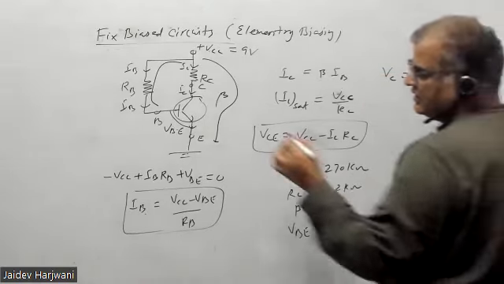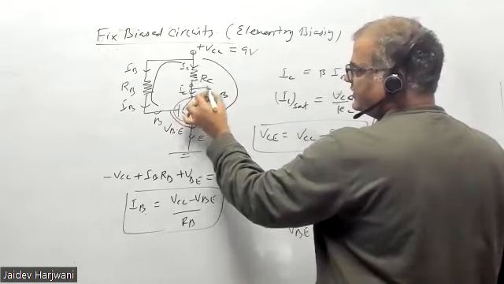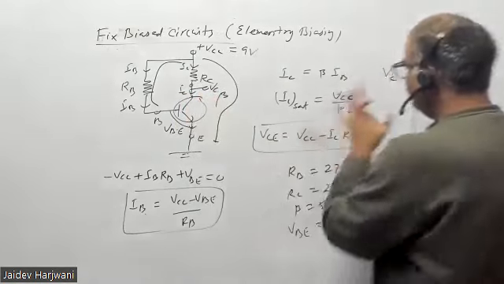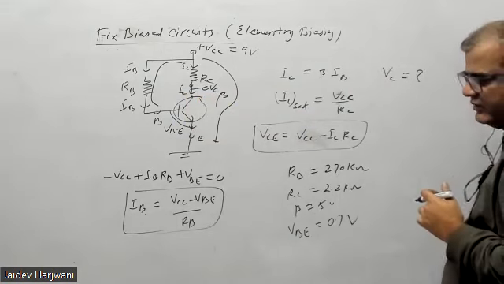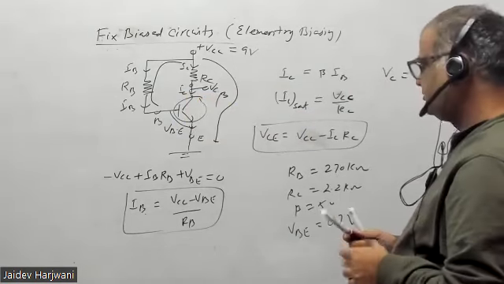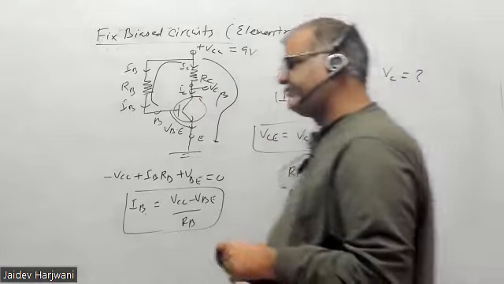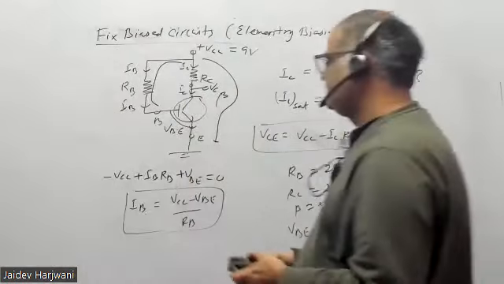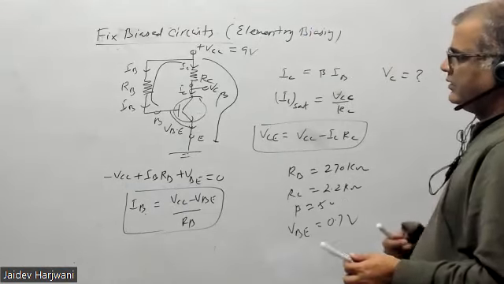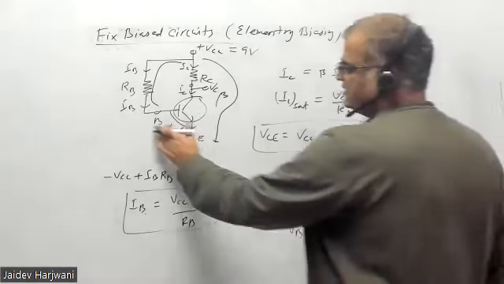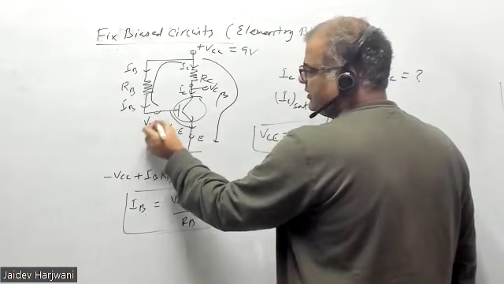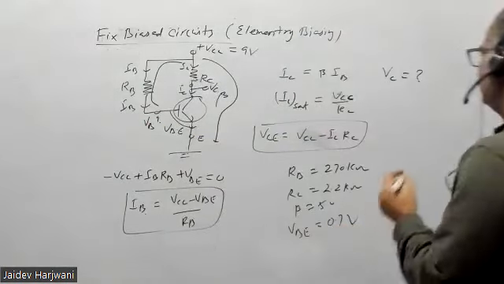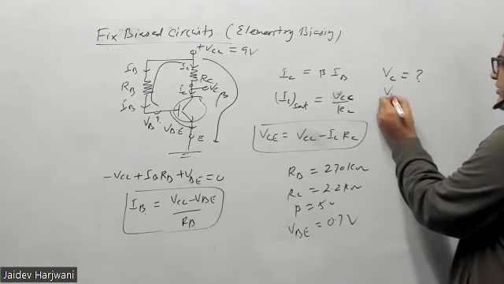VC means the voltage here. You have to find VC and VCE, both, and tell me the value. You can also find the value of VB. That is an extra job we are doing because it will help us further.